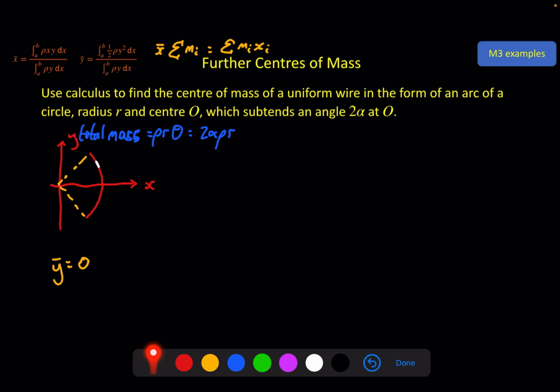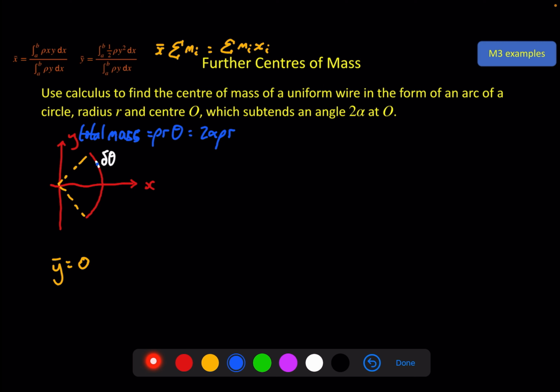On the other side, as with the previous examples, it's not quite that simple. I need the individual mass of each section times its individual centre of mass coordinate, and then sum them together. The individual piece we're going to take here is a little part of the circumference, subtended at an angle delta theta again. But no doubt you can see that as this gets smaller and smaller, we're just going to collapse it down to a single point.